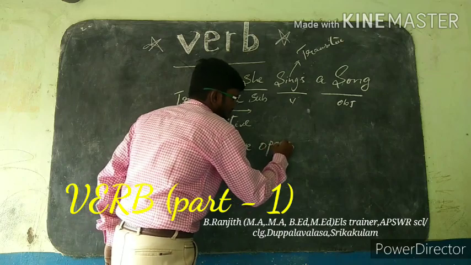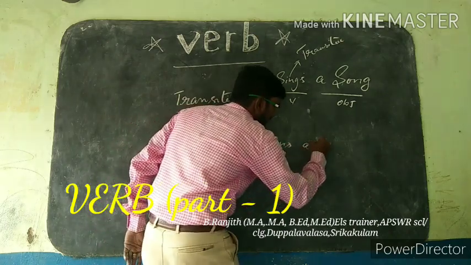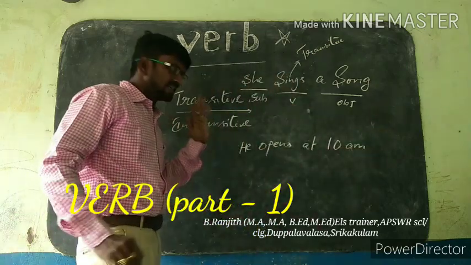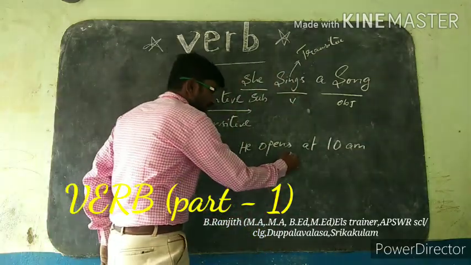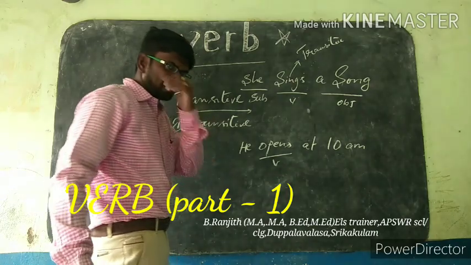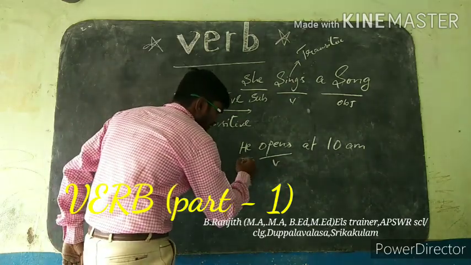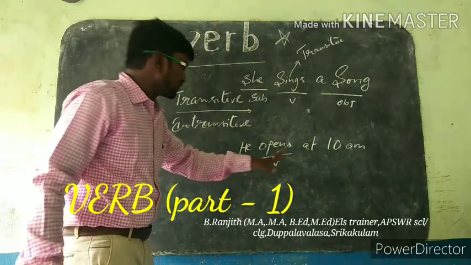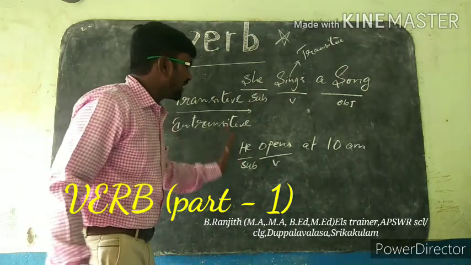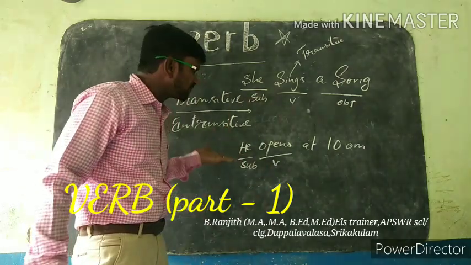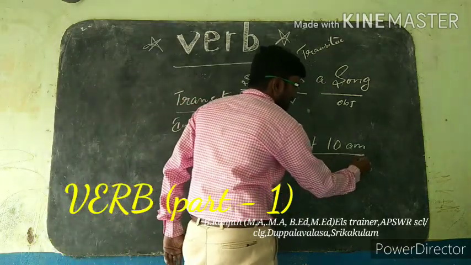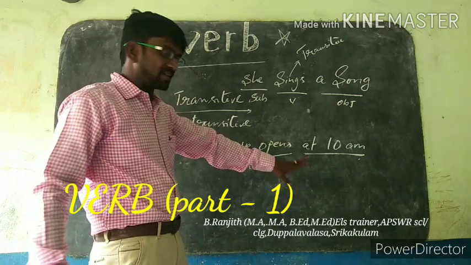He opens at 10 a.m. In this sentence, what is the verb? This one is the verb. What is the subject? He is the subject, the doer of the verb. And where is the object in the sentence? No, there is no object. This is not an object.